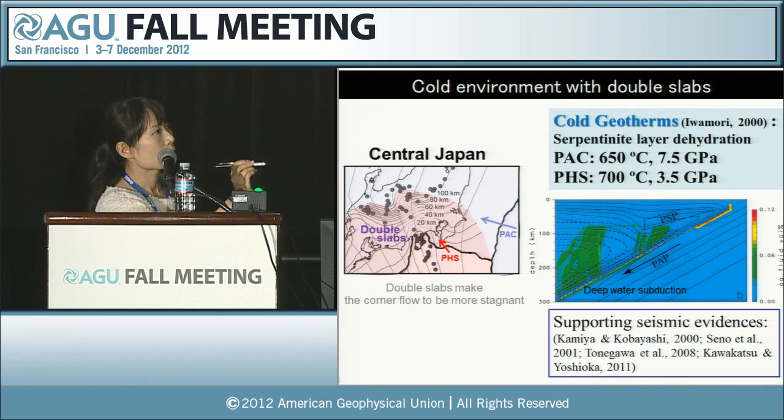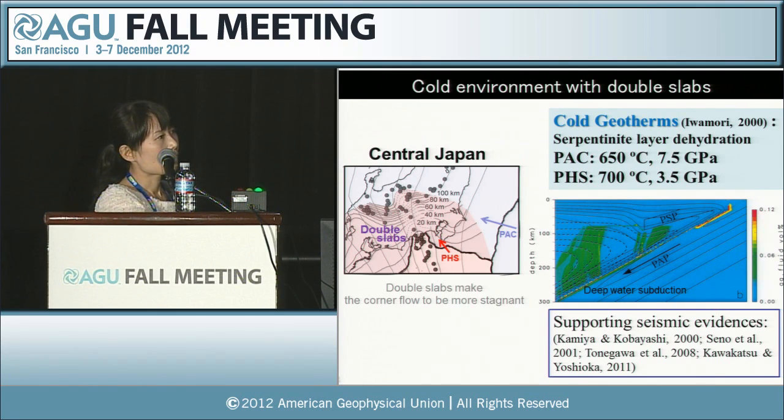This cold environment makes deep water subduction and serpentinized layer dehydrate at 7.5 and 3.5 gigapascal for Pacific and Philippine Sea plate, respectively.